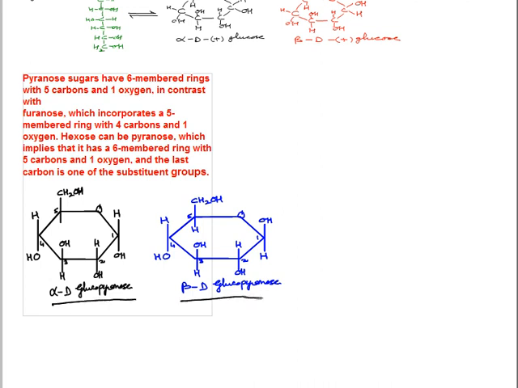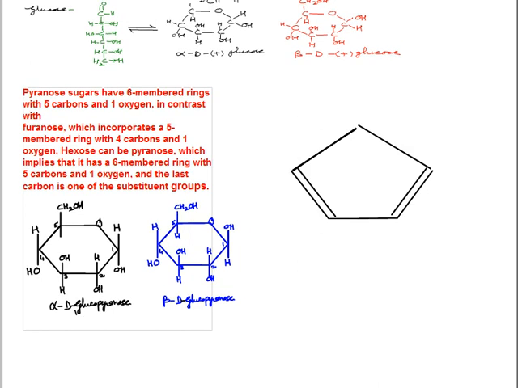We are restricting our study here as far as glucose furanose forms are concerned, because they are not of much use in our present context. But the fructose molecule in furanose form is rather important. So let us see what is the structure of alpha D fructose molecule in furanose form, that is alpha D fructofuranose.